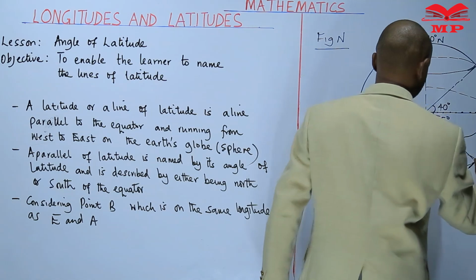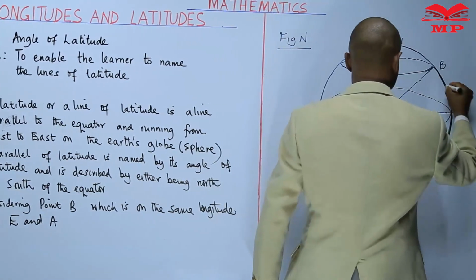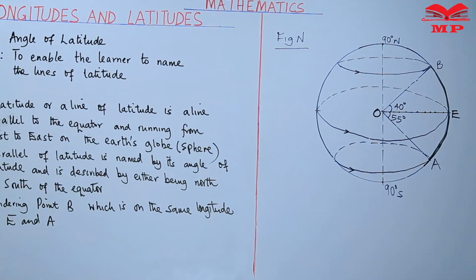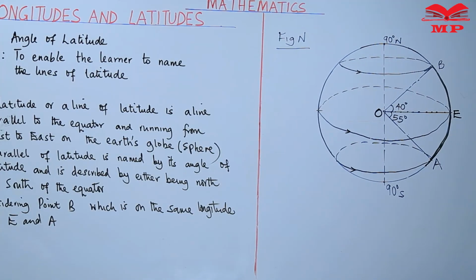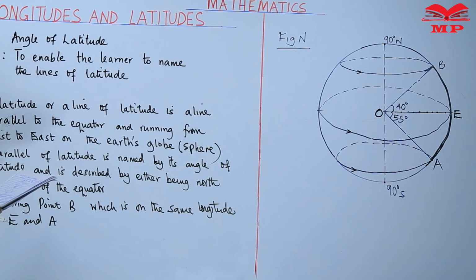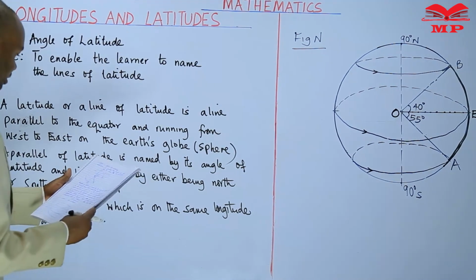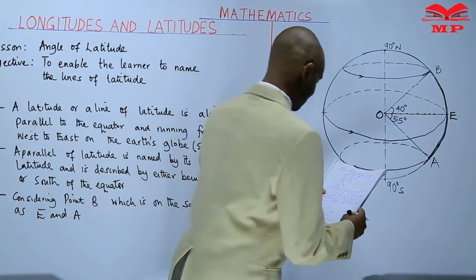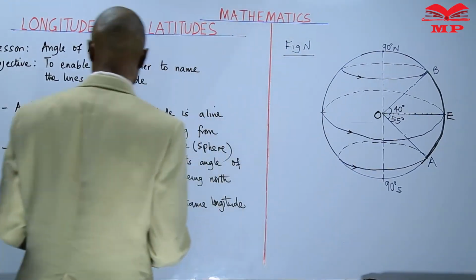It is that line. They are on the same longitude. So we want to consider point B, the angle between OB and OE.